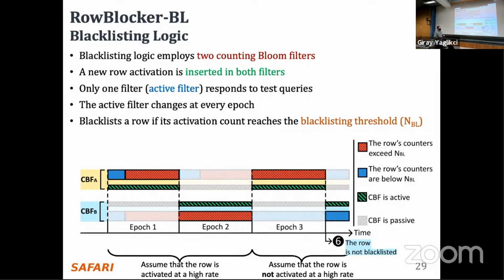When we finally switch back to CBFB at timestamp 6, the row is not blacklisted anymore, because based on CBFB's records, it is not supposed to be blacklisted. This is how we switch between these two counting Bloom filters and sustain the security guarantee of no false negatives, while resetting some counters and avoiding saturation.